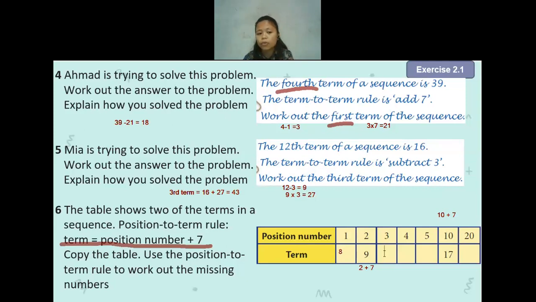No, teacher. Okay. If no one gets confused, let us find the third term. How many will it be for the third term? Okay, thank you. It will be equal to 10. For the fourth term, 11. What about the fifth term? 12.